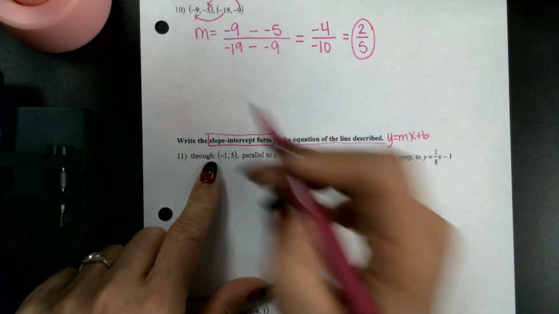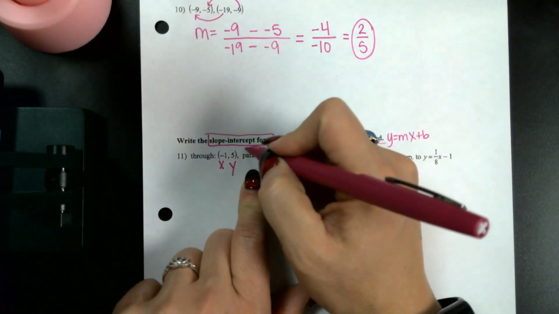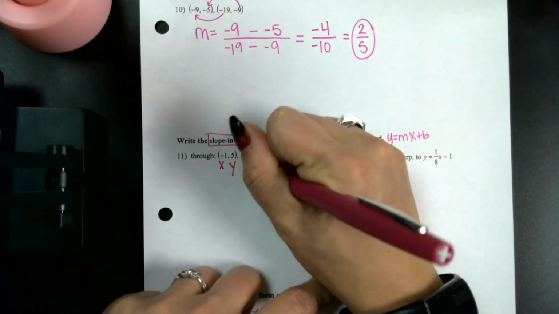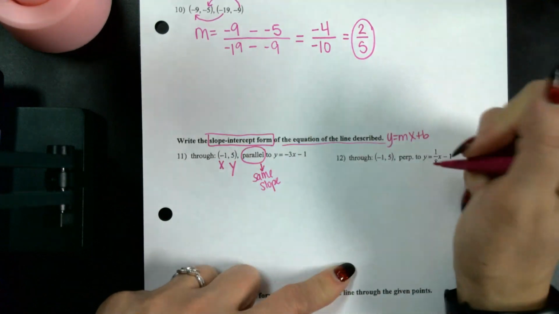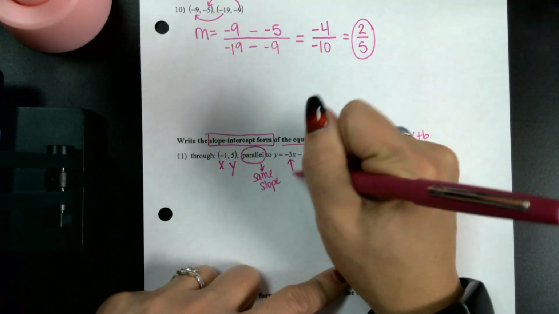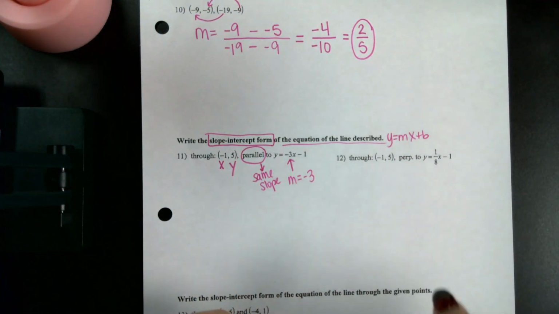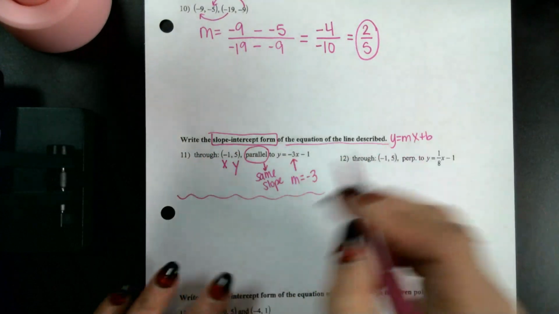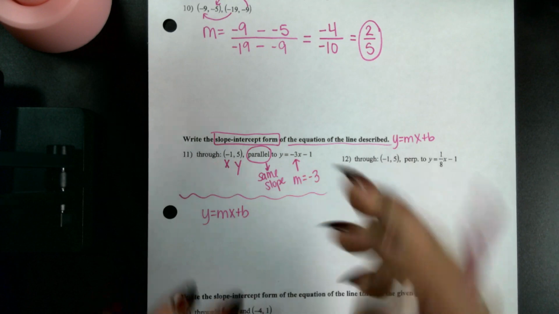So for the first one, here's our x, here's our y, and they want it to be parallel to this line. Parallel means same slope. So if this slope is -3, we are also going to be using -3 as our slope.